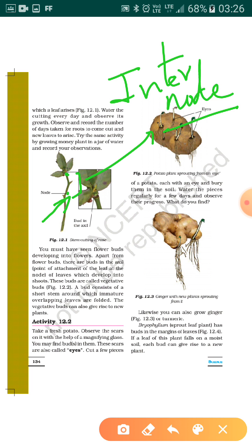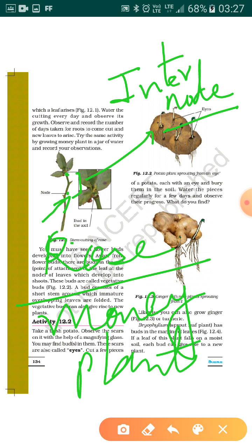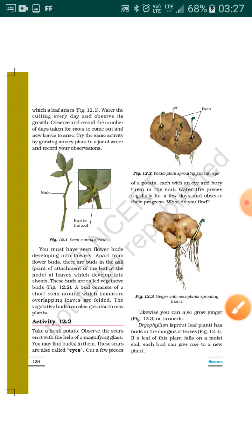Now next, what are the examples of cutting? You are well aware that you get a plant out of cutting in the rose. Second is the money plant, even sugar cane. All these are examples of plants where you can get a new plant out of portions of the stem.